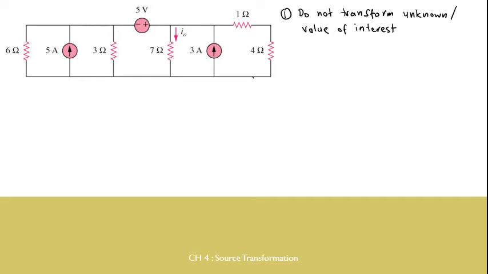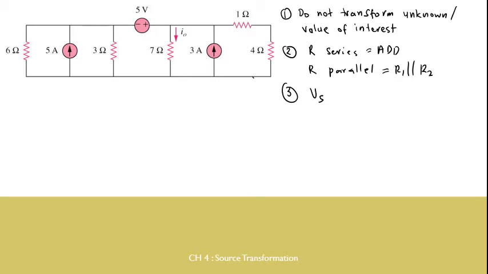Number two, if you find any resistors in series, you can add. And if you find R in parallel, you can use the parallel rules, this R1 parallel with R2. And then if you find a voltage source in series, you can add.